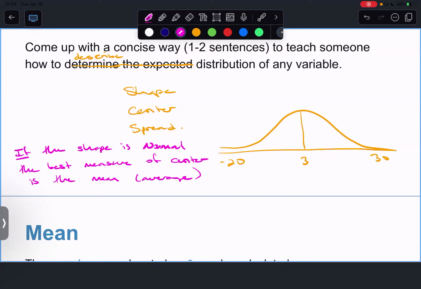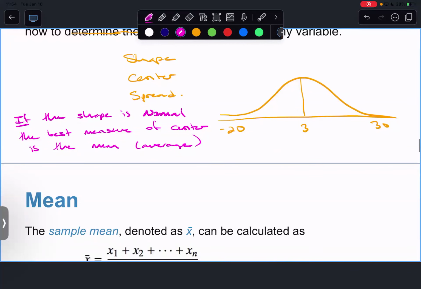And I'll put it on here, but it's going to take us a while to get there, or maybe not, because I moved the slide, I'm just realizing. So quicker than I thought, maybe. And spread is either the variance, which is where we start, or the standard deviation, which you have probably heard mentioned before.